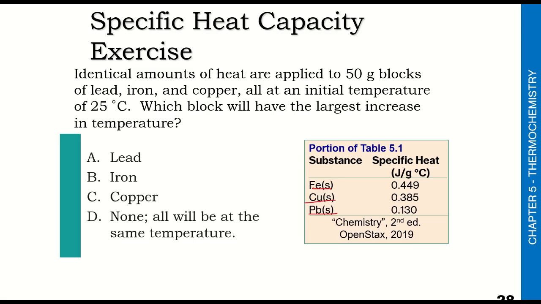Look at this. What's the lowest specific heat? Copper, iron, or lead? Okay, lead, right? So which block will have the largest increase in temperature? Lead, because it has the lowest specific heat.